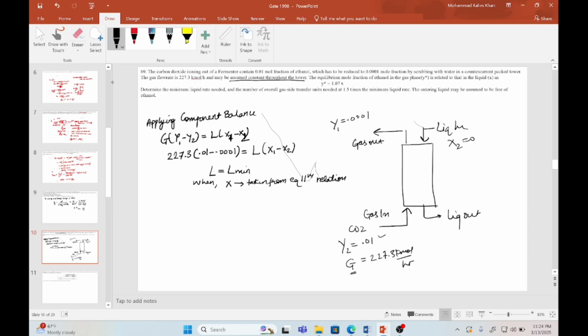Here the equilibrium relation is y equals 1.07x. If x2 is 0 because the entering solvent is pure, free from ethanol, then y1 is equal to 1.07 x1. So y1 is 0.01, and x1 is 0.01 divided by 1.07.